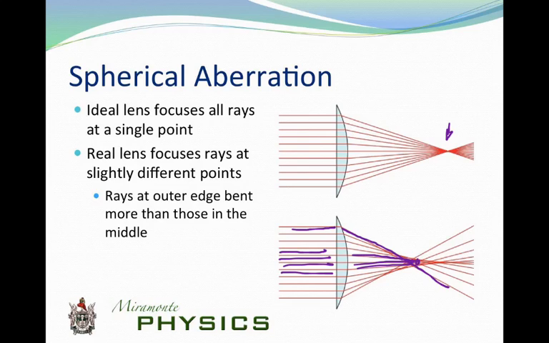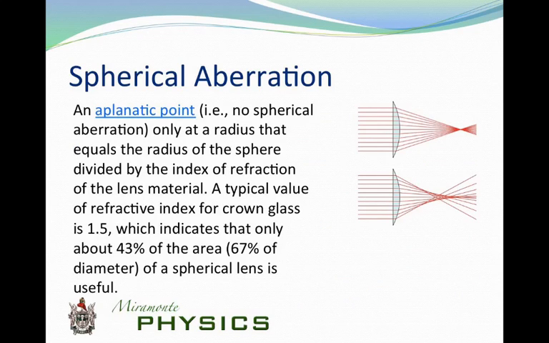You could overcome that with parabolic types of lenses, but once again, parabolic lenses are very expensive to produce. So we tend to create the spherical ones and then essentially just eliminate the light that comes from the outer areas, and that way we can minimize the effect of the spherical aberration. The aplanatic point, the point where there's no spherical aberration, is only at a radius that equals the radius of the sphere divided by the index of refraction of the lens material.